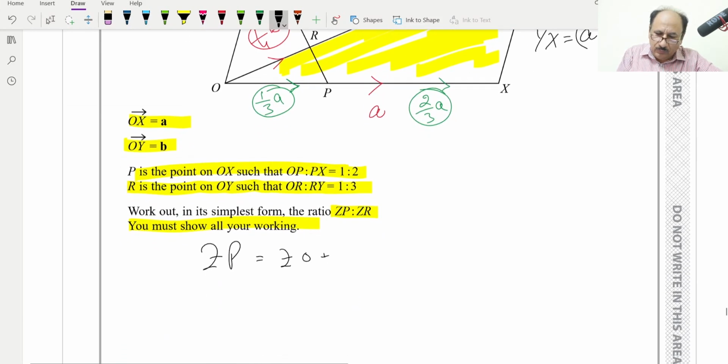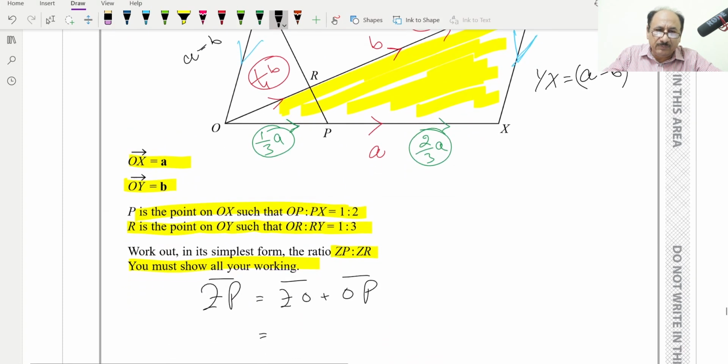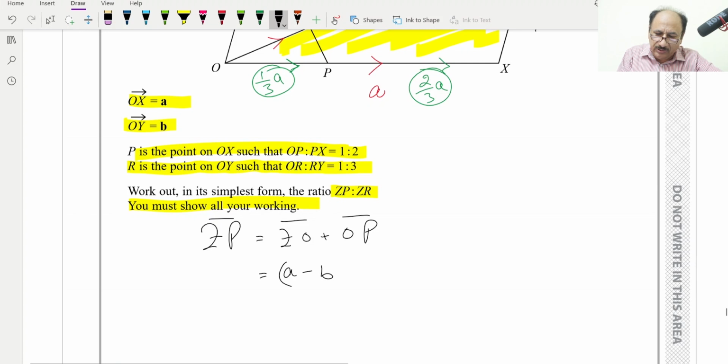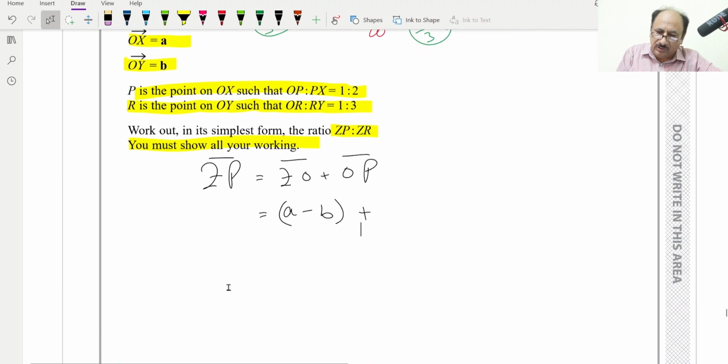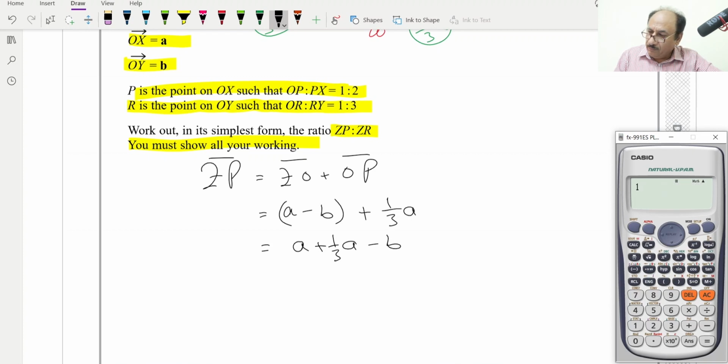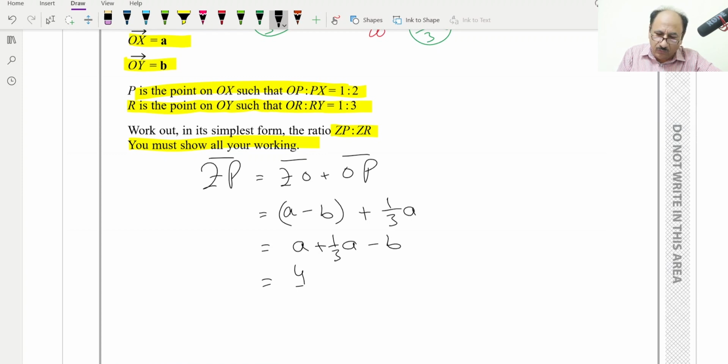So ZO plus OP, these vectors, and this one ZO is A minus B, so we'll write A minus B, and plus OP is 1/3 A, so we'll write 1/3 A, and this is equal to A plus 1/3 A minus B, and 1 plus 1 over 3 will be equal to 4/3, so 4/3 A minus B, this will be ZP, which we have calculated.